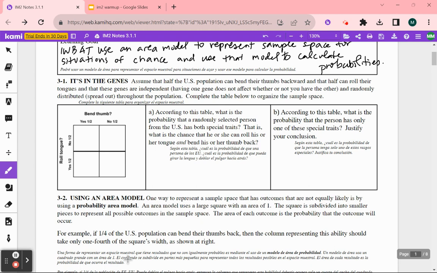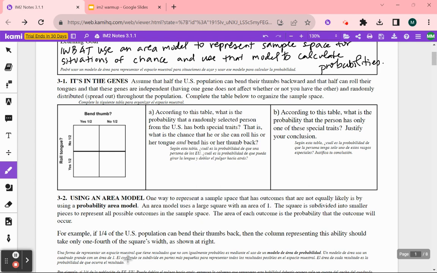And randomly distributed, meaning that across everybody in the United States population, it's not possible to pinpoint which people will have which genes just based on where they are. Let's complete the table below to organize the sample space.